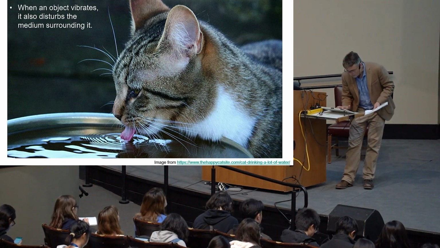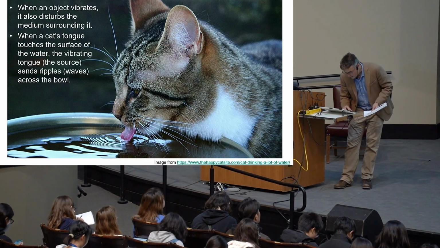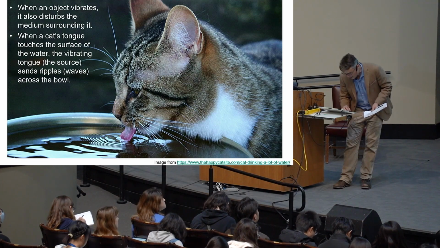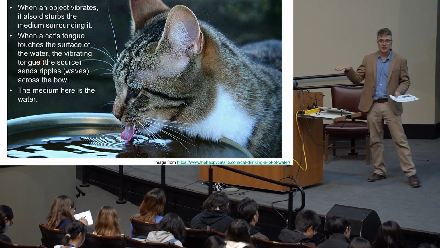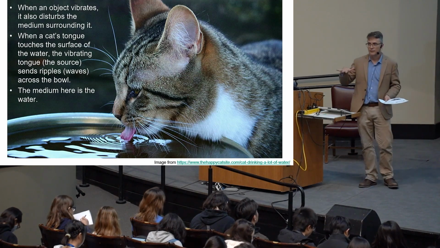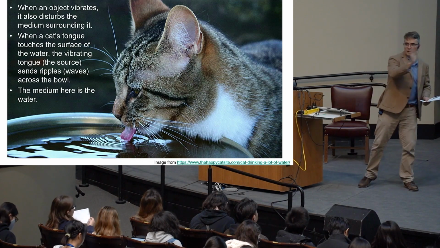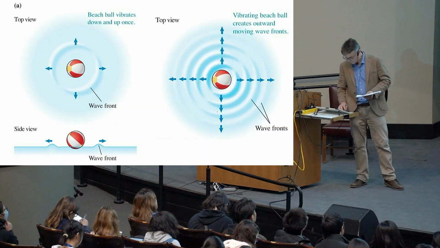It's disturbing the water because he's drinking some water, and that disturbance travels outwards as these ripples. So the medium here is the surface of the water, and some disturbance in one place will travel outwards.